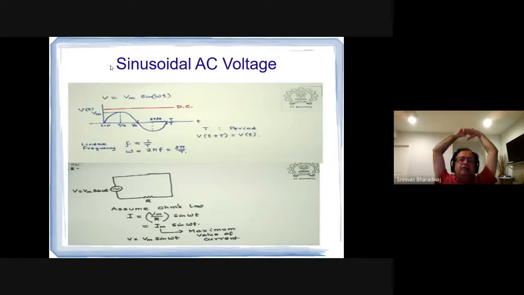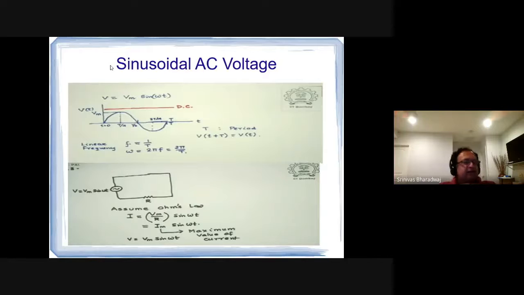And then we also discuss the frequency of the voltage, the linear frequency. So the rate at which you rotate is the omega.